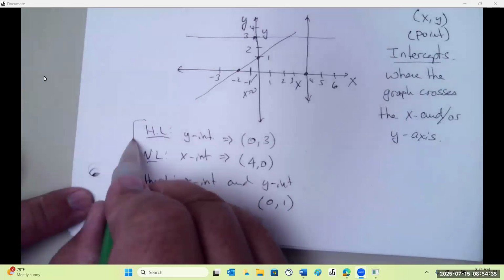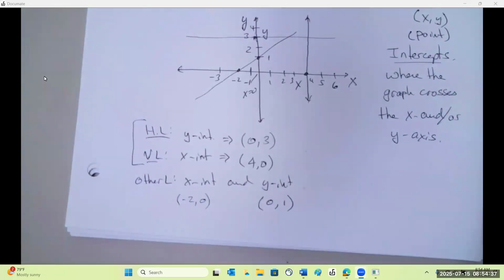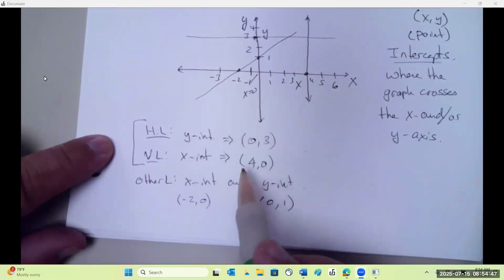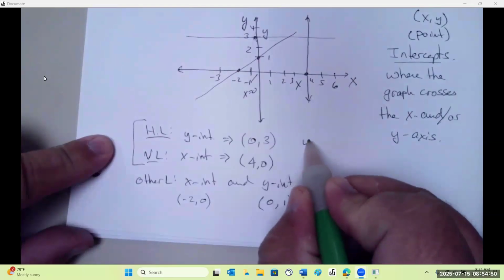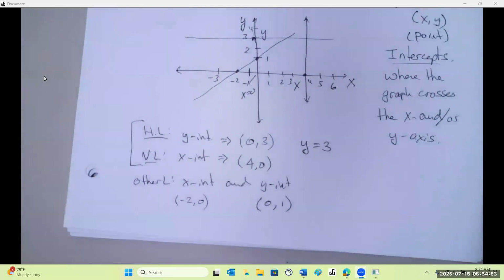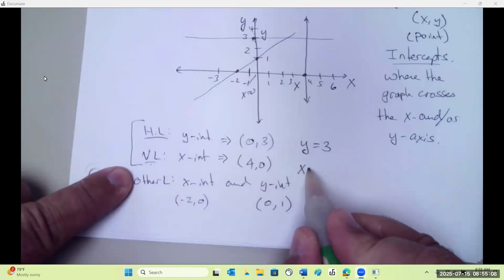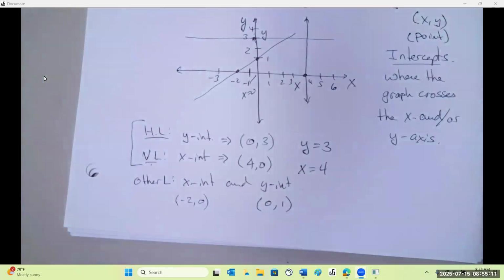Now, the beautiful thing about horizontal and vertical lines, you can tell me the equation of those lines. If it's a horizontal line, will it ever cross the x-axis? No. So the equation is always going to be that, because no matter what x you give me, y is always going to equal 3. Now with the vertical line, no matter what y you give me, x is always going to equal 4.